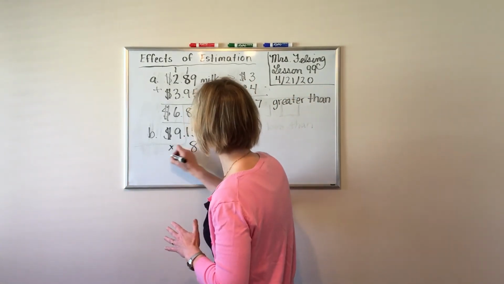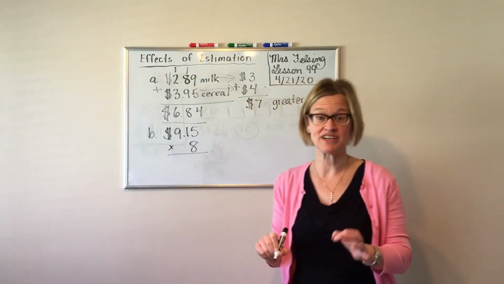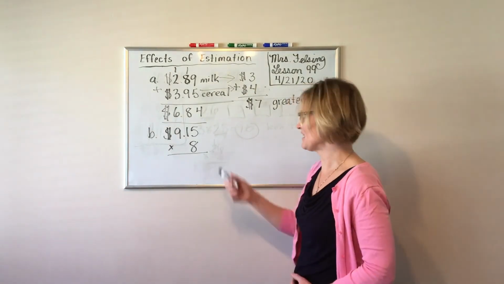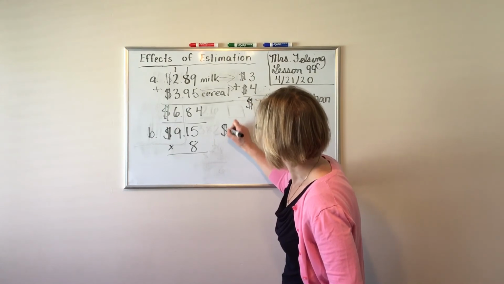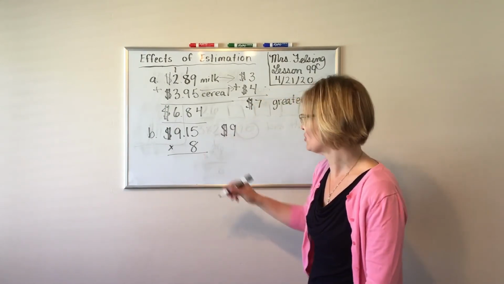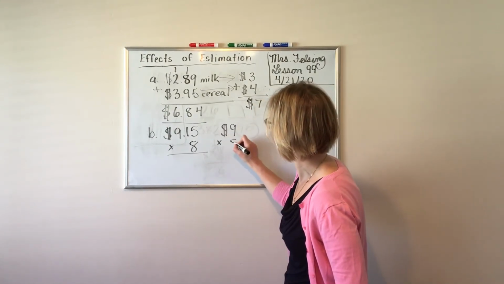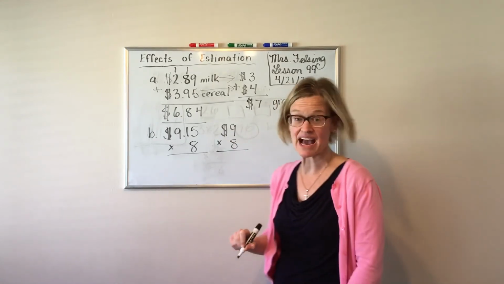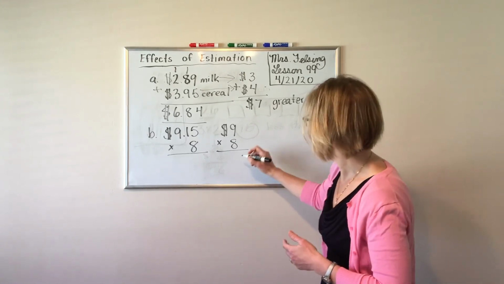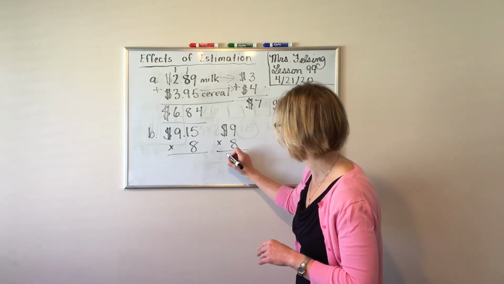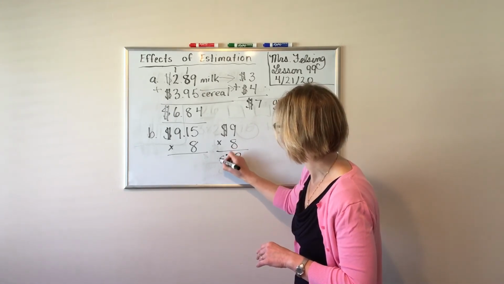So what could we do to provide a good estimate? I'm thinking, why don't we change this to 9? Because that's pretty close to $9.15, and we multiply that times 8 hours. And if we did that, then our estimated amount of pay that Tom would get would be $72.